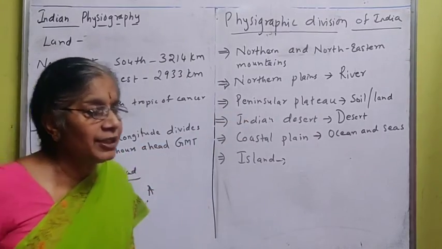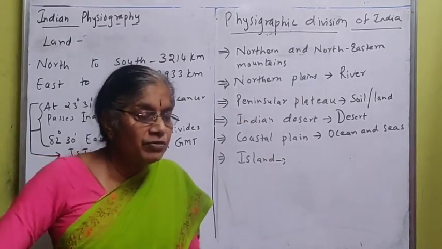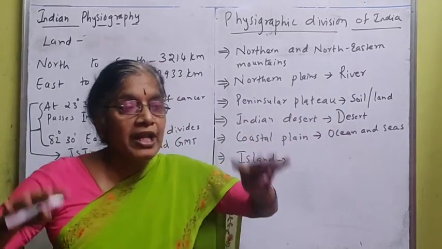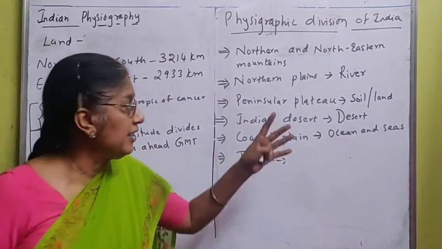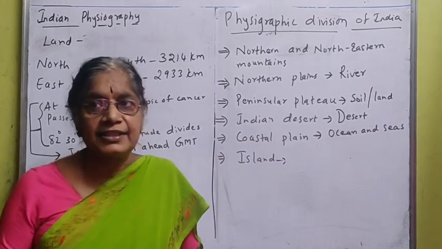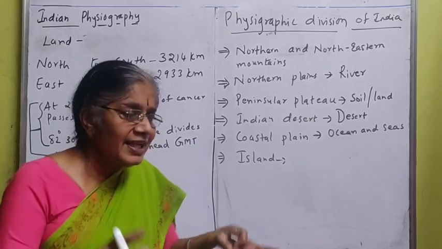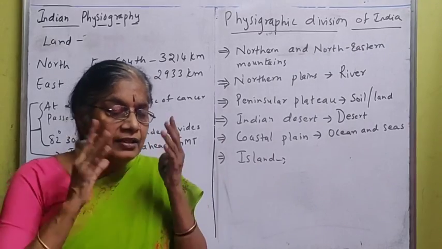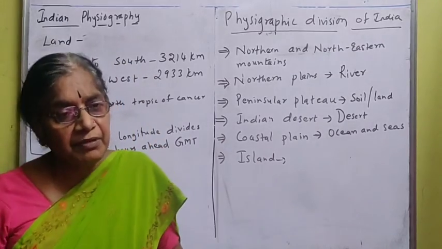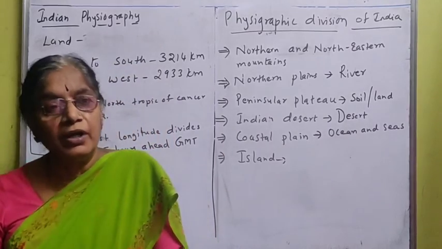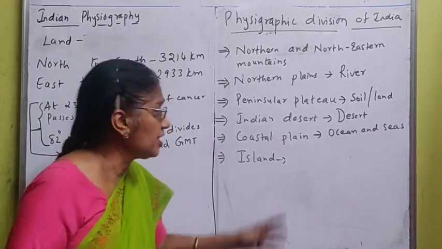Then peninsular plateau, the tableland above the sea level, where soil and land are very important. Indian deserts, you know, Rajasthan is one example you can give, where it is always covered with sand, the climate is very extreme, in the daytime it is very hot, in the night time it is very cold, and there is no vegetation at all.